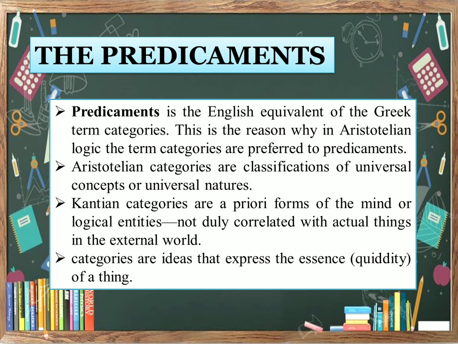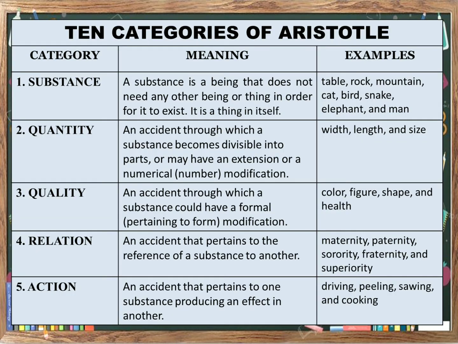Unlike Kantian categories, which are a priori forms of the mind or logical entities not duly correlated with actual things in the external world. Generally, categories are ideas that express the essence or quiddity of a thing. So, there are 10 categories of Aristotle.